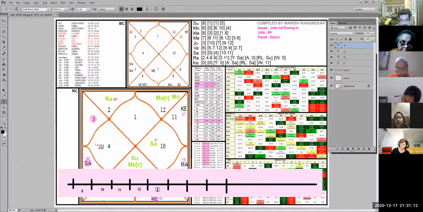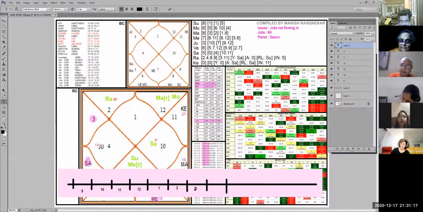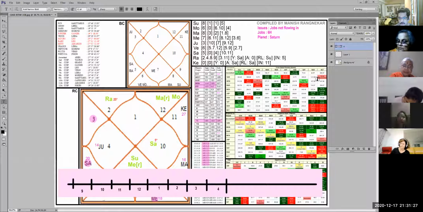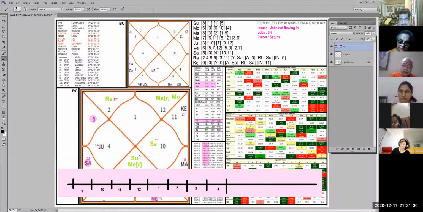This is my 12th Rashi. Then second Rashi, third Rashi, and fourth Rashi. Okay. Now we have to identify the houses, which is the main thing at the moment.